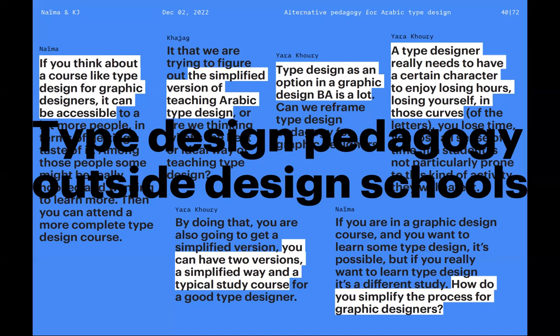And in the non-educational domain, you also have a lot of people who just want to give type design a go, and then they only have this sort of small workshop format. They only have access to that. So there is a lack of accessibility to this knowledge, and it's also quite elitist in some other way to reach it.